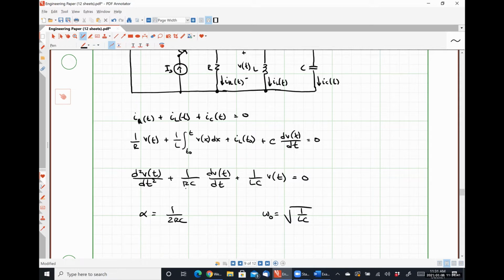So if we look at this coefficient of our differential equation, which is the coefficients of our characteristic equation, when we make our substitution of V of t is equal to A e to the st, we have A times s squared plus 1 over RC s plus 1 over LC multiplied by e to the st. That's how we got all this.